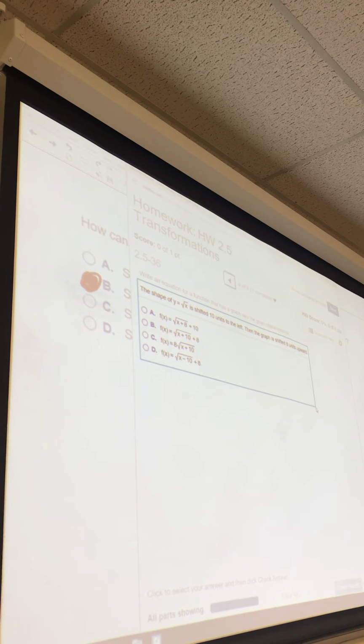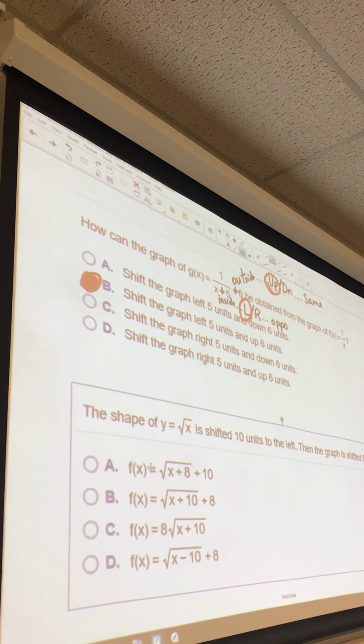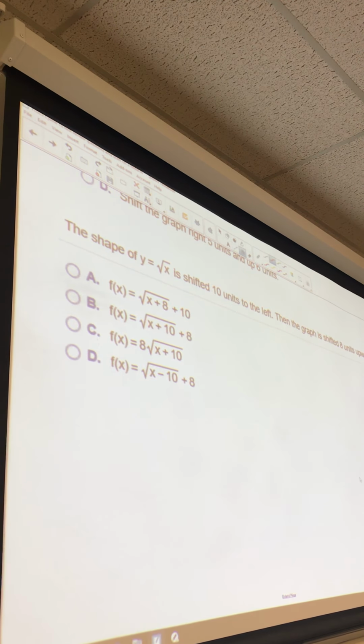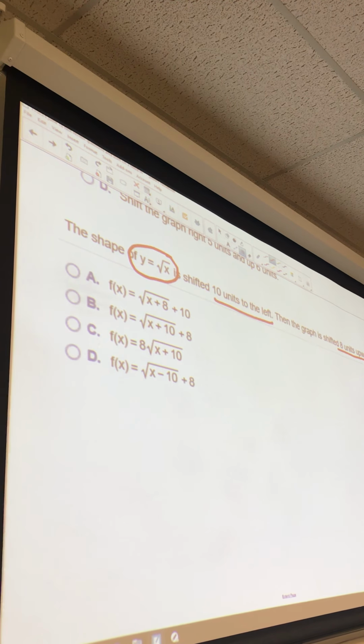So this last one, I just gave you one of these, but it's just as easy. But it's asking you to come up with the equation. The basic equation, the parent equation, is just square root of x. And it wants it to go 10 units to the left and then 8 up.